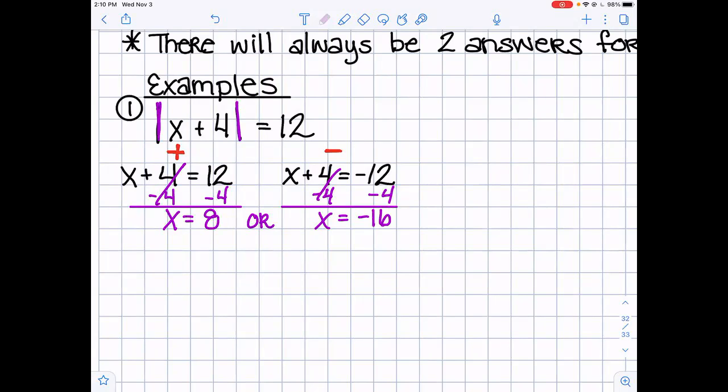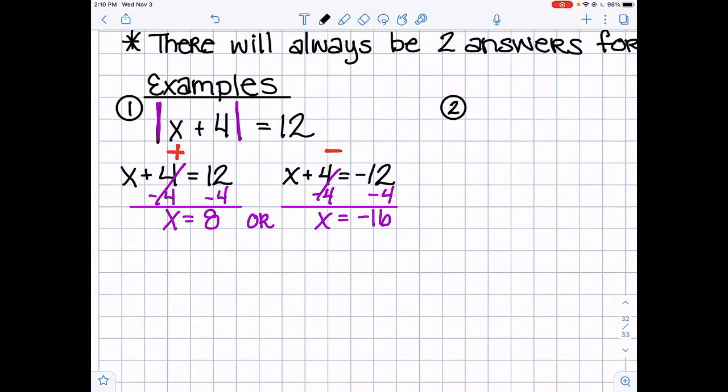Okay, are we ready for another one? So there's two problems, right? Why is 12 like that? Because the absolute value of negative 12 is positive 12. And the absolute value of positive 12 is still positive 12.